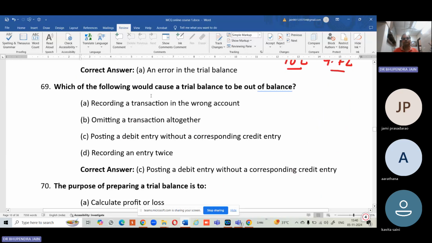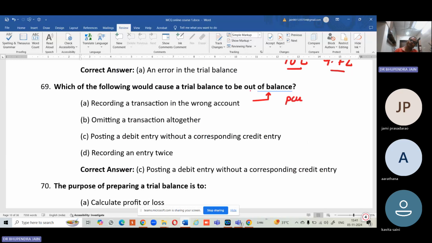Which of the following would cause the trial balance to be out of balance? When recording a transaction in the wrong account. If you record the transaction in the wrong account, the trial balance will still match.